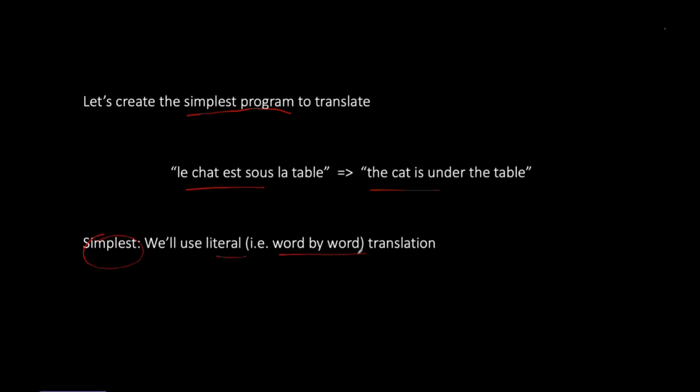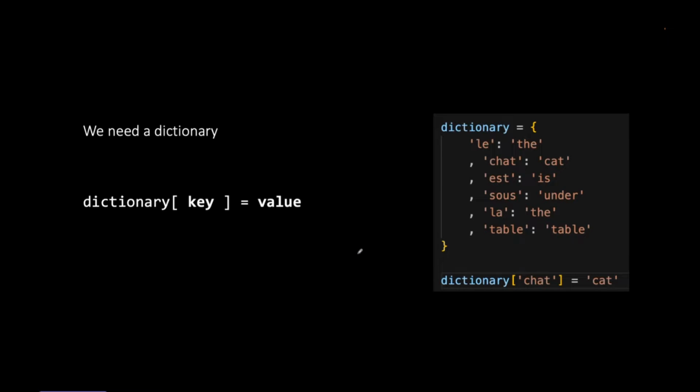And how would we write that code in Python? Well, we need a dictionary first. And as a reminder, a dictionary has a key and the value is from the dictionary. So in this case, the keys are the French words and the translated word in English is going to be the value.